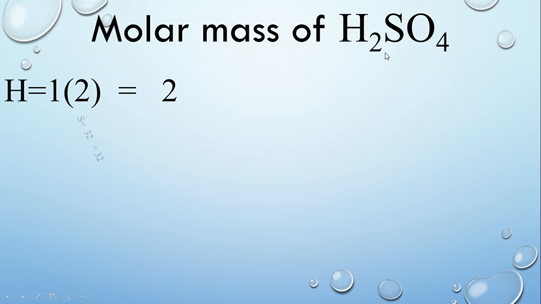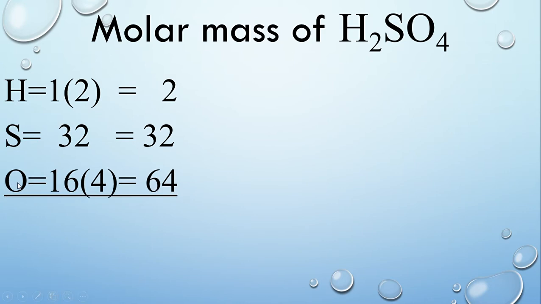Your sulfur has 32 atomic weight. Nag-isa lang siya. So 32. And next is the oxygen. Oxygen is 16. Let us multiply 16 by 4 because it has 4 atoms in sulfuric acid. So 16 times 4 is equal to 64. Okay, so i-add natin lahat. The answer is 98 grams.